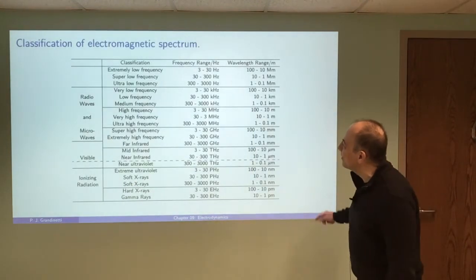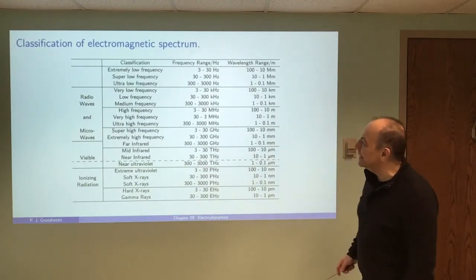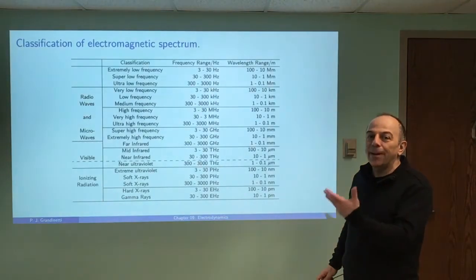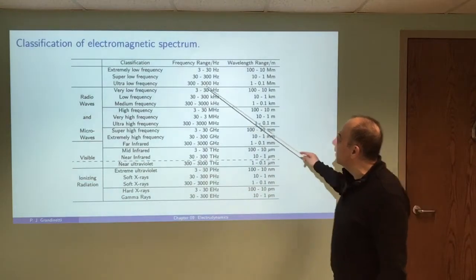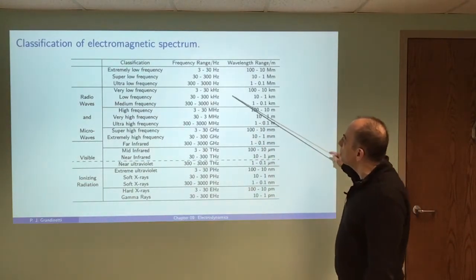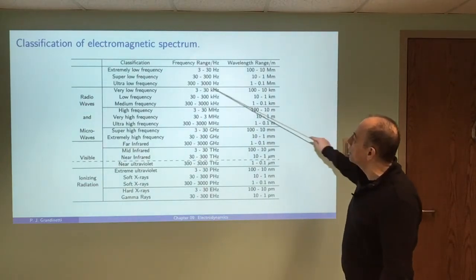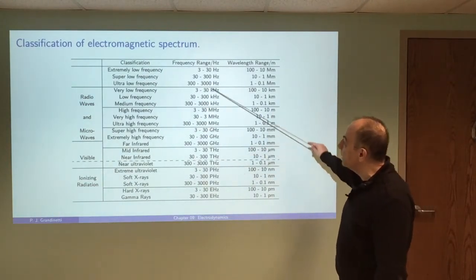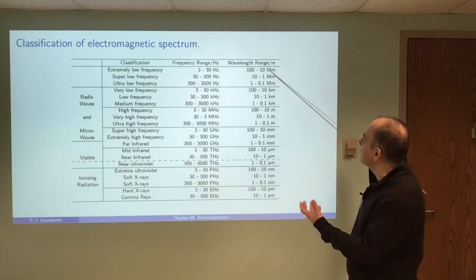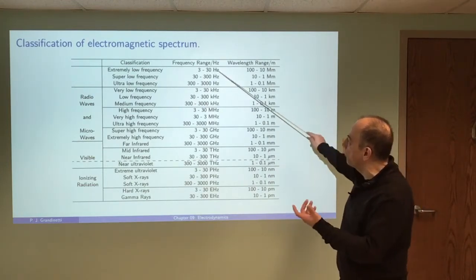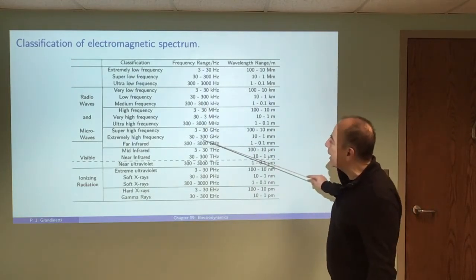And so here are some classifications of light in terms of the electromagnetic spectrum, right? What Heinrich Hertz was able to generate were radio waves, which are down here in the kilohertz, megahertz range. Beyond that, as the wavelength gets smaller and smaller, or the frequency gets larger, we move into microwaves.